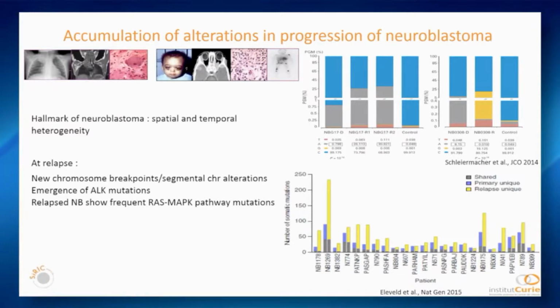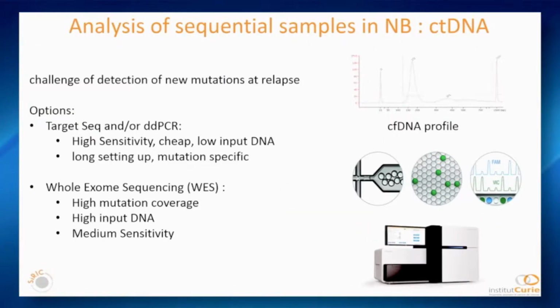So as we think about how to use cfDNA in clinical applications, our question was, in fact, how can we really get an overview of all mutations that occur during the disease course, not only using a targeted panel, but really appreciate all mutations that can happen.